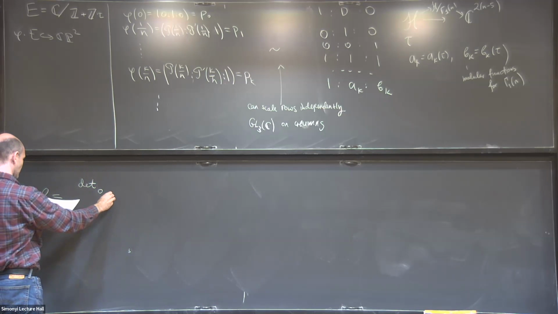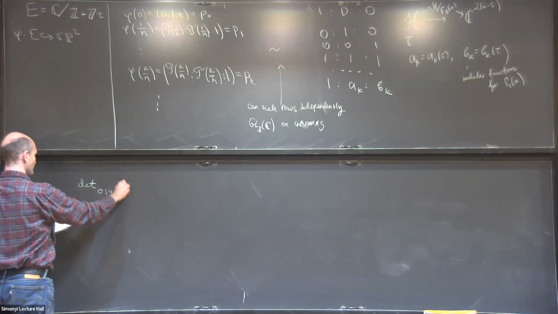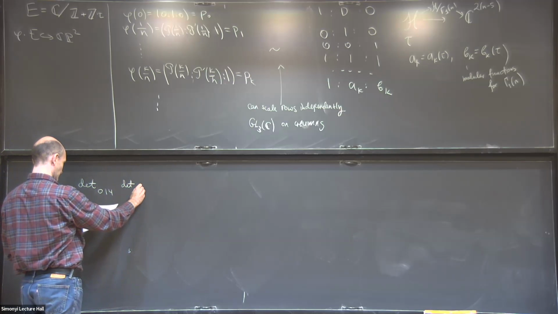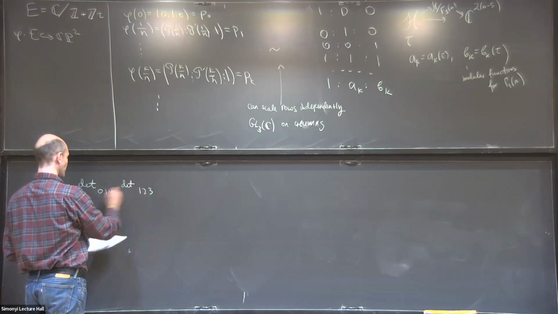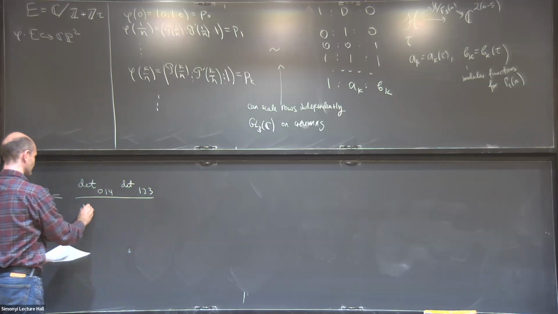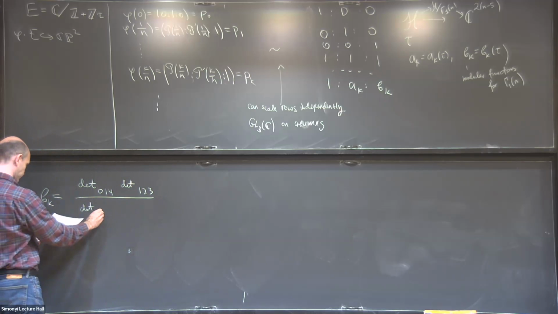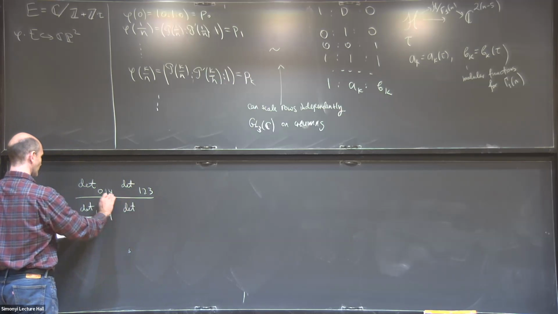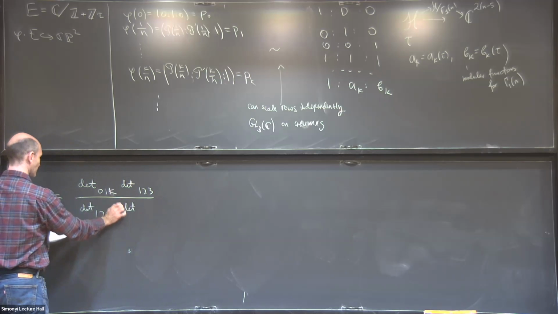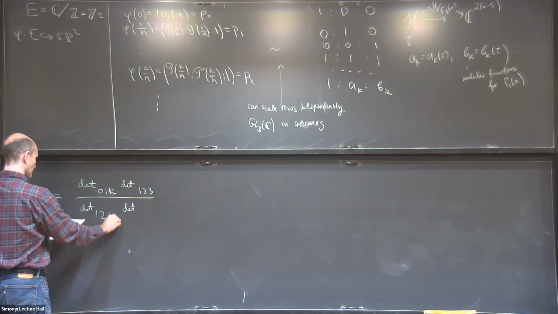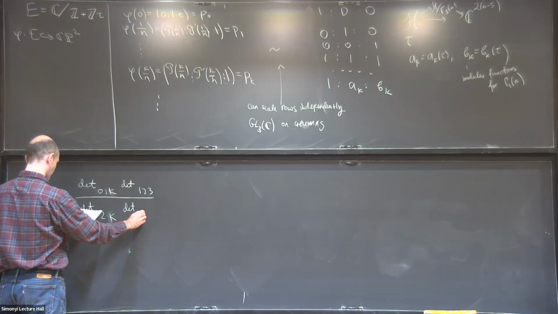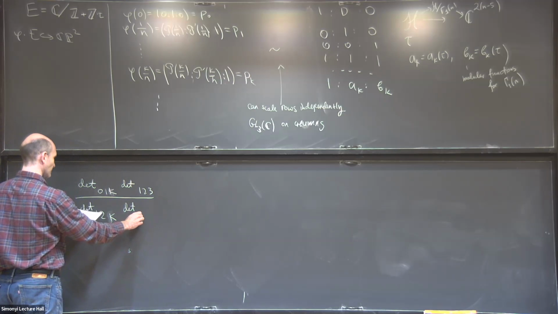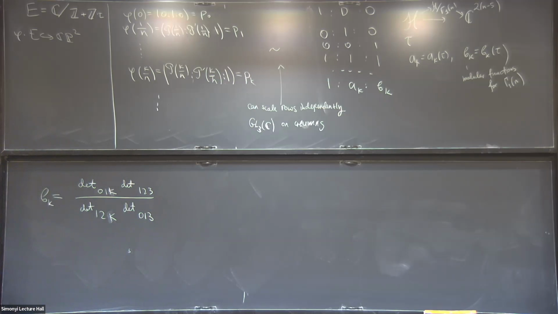So determinant 0, 1, 4 times determinant 1, 2, 3 over determinant 1, 2, 4 times determinant 0, 1, 3, with k, k, k in the indices.